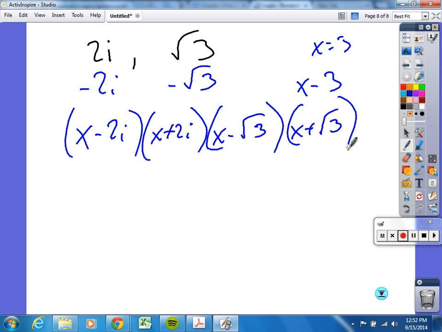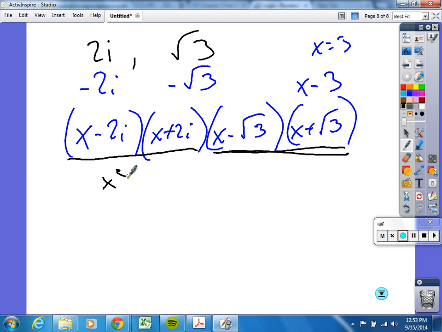Everybody good there? Do we know how to multiply? What are these called again? Conjugates. Whenever you see conjugates, you should be jumping up and down. Conjugates are perfect to multiply, because when you multiply the front guys, you get x squared, right? Here and here. What happens to the inner and outside part of FOIL?